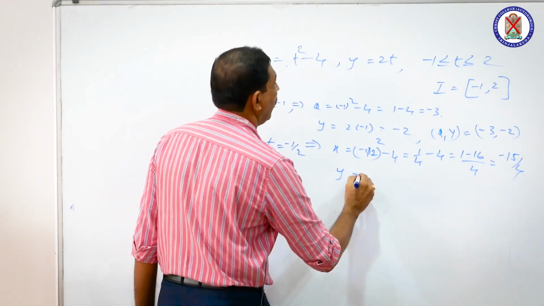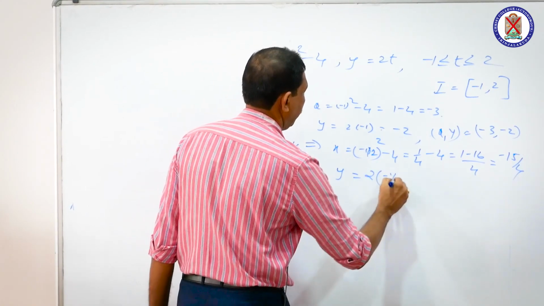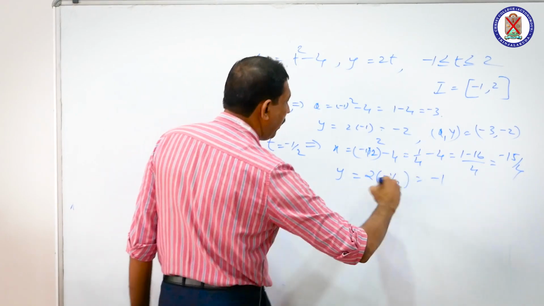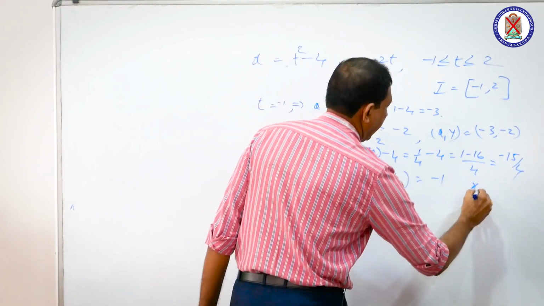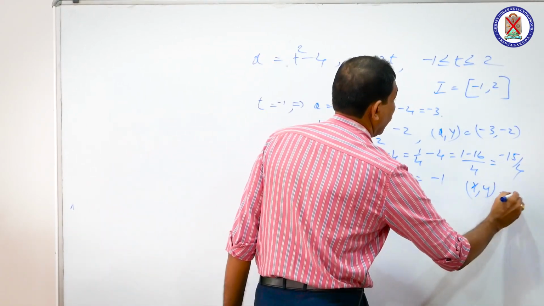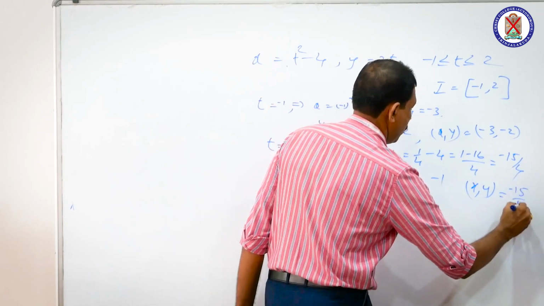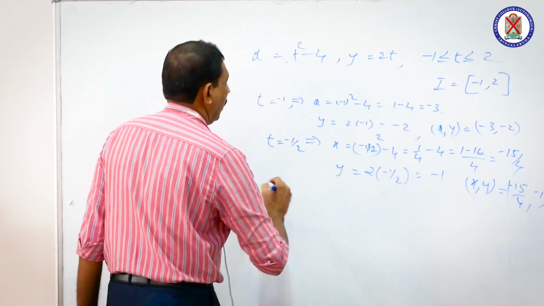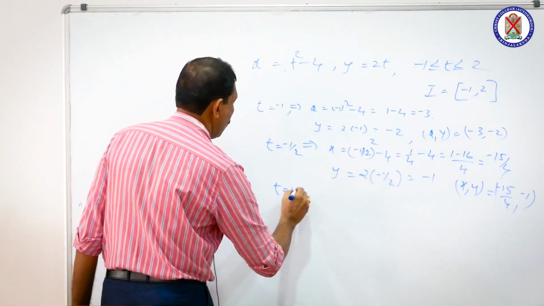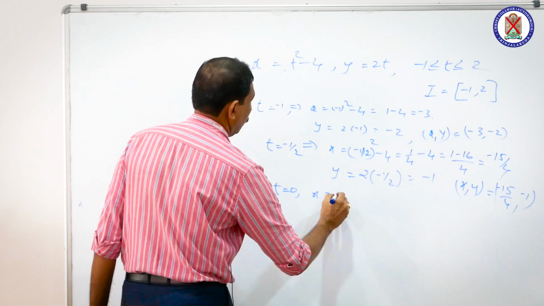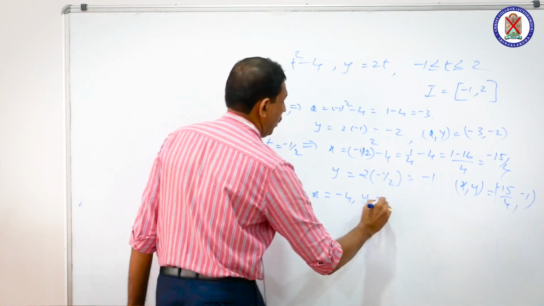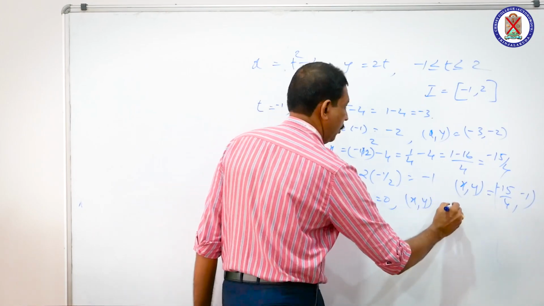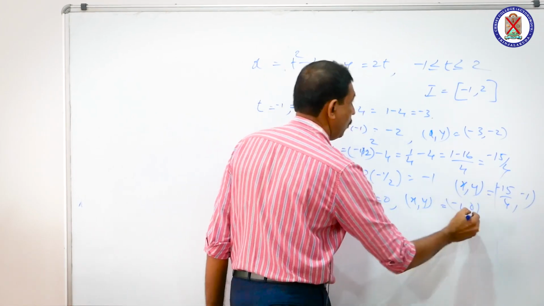Similarly, y equal to 2 into minus half, that is equal to minus 1. The corresponding point will be (minus 15 by 4, minus 1). And now when t equal to 0, x is equal to minus 4, y equal to 0, the corresponding point (x, y) is equal to (minus 4, 0).